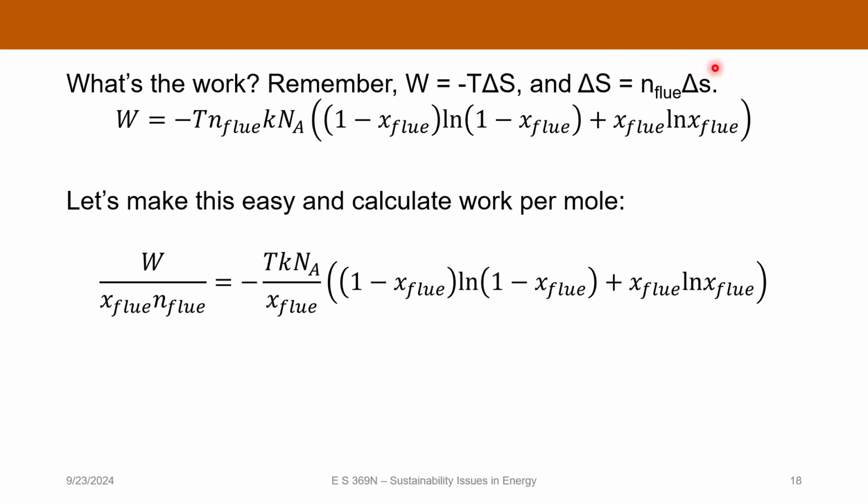But we can actually work this out per mole if we divide through by this. So this expression over here, this is the work per mole that we have to apply to the system to separate this concentration of flue gas. And that is how we arrive at that expression.